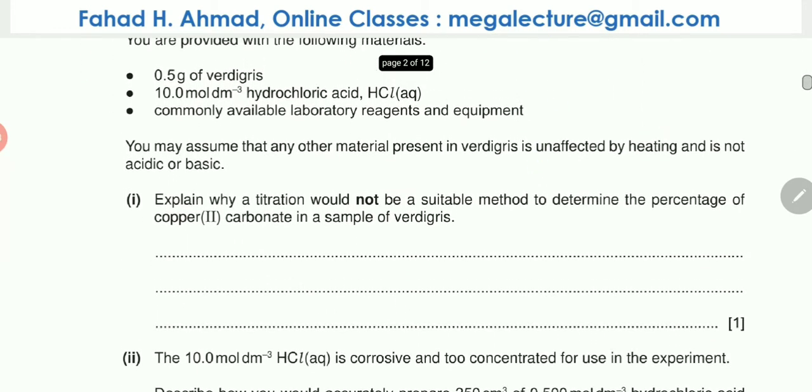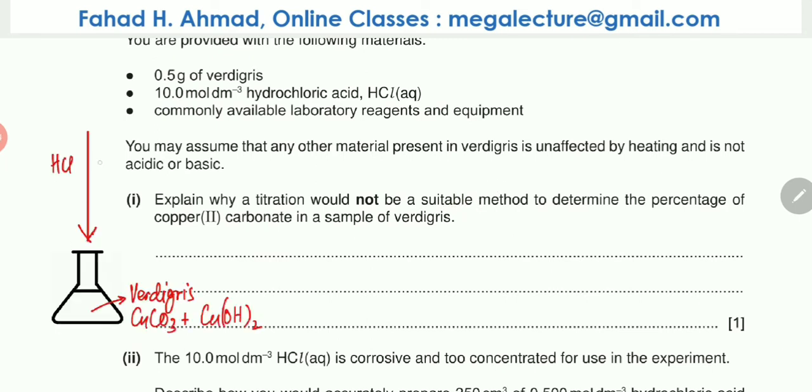Part one of the question is: explain why a titration would not be a suitable method to determine the percentage of copper 2 carbonate in a sample of verdigris. The question states, why not just pour HCl and do a titration, making verdigris, which contains copper carbonate and copper hydroxide, react with HCl.